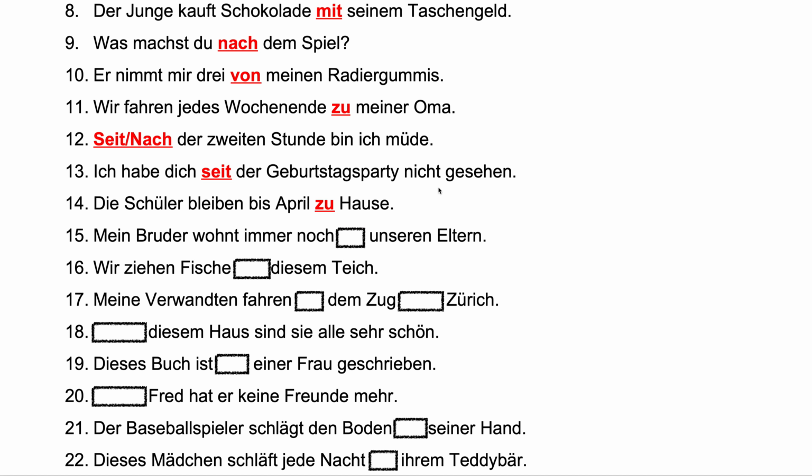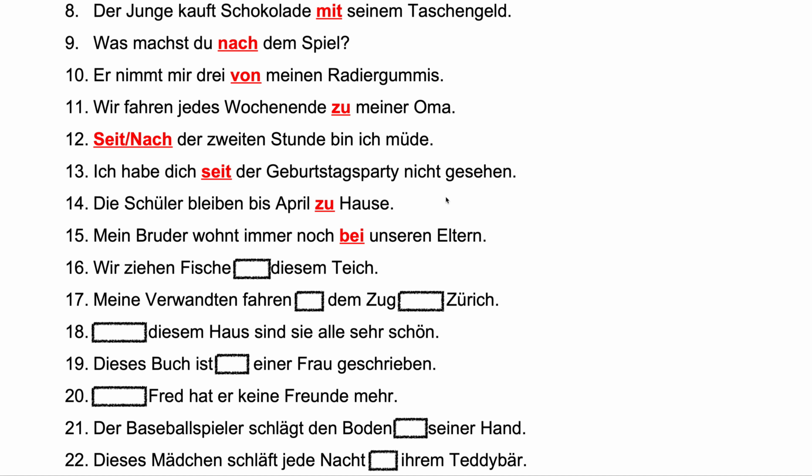Nummer 15. Mein Bruder wohnt immer noch blank unseren Eltern. My brother lives still something our parents. This one here is bei. You could argue that this should be mit, but the difference between mit and bei here is very subtle.